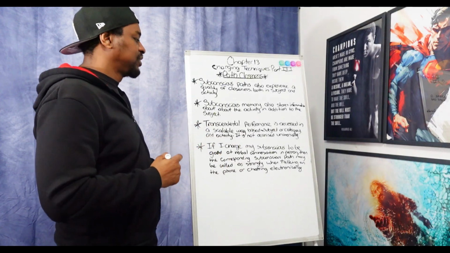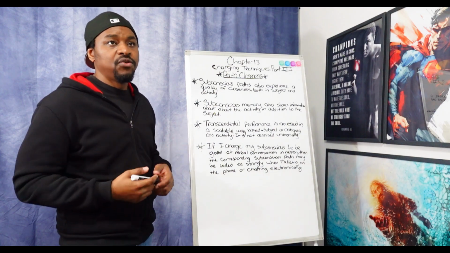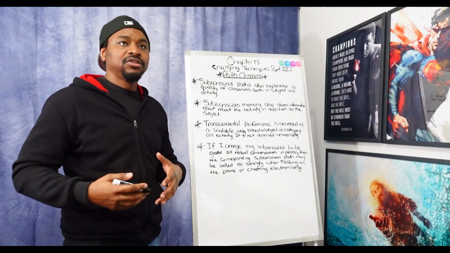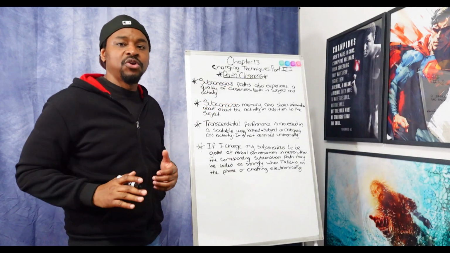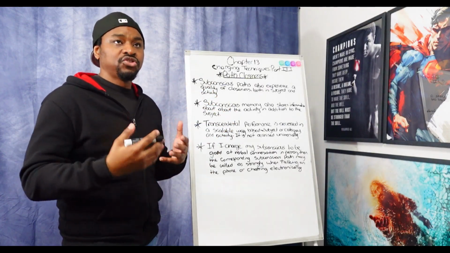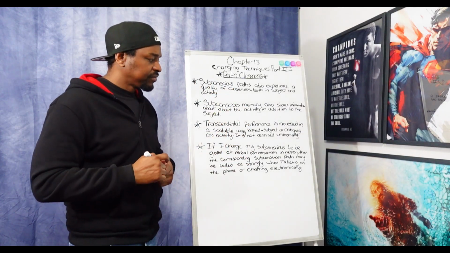And that can happen, for example, if you charge, let's say, some transcendental performance. Let's even say you're in boxing, right? And you charge your subconscious to perform transcendentally in boxing while focusing on a specific opponent. That's your rival. You fight them all the time, right? And you manage to charge a transcendental performance charge while focusing on them, right?